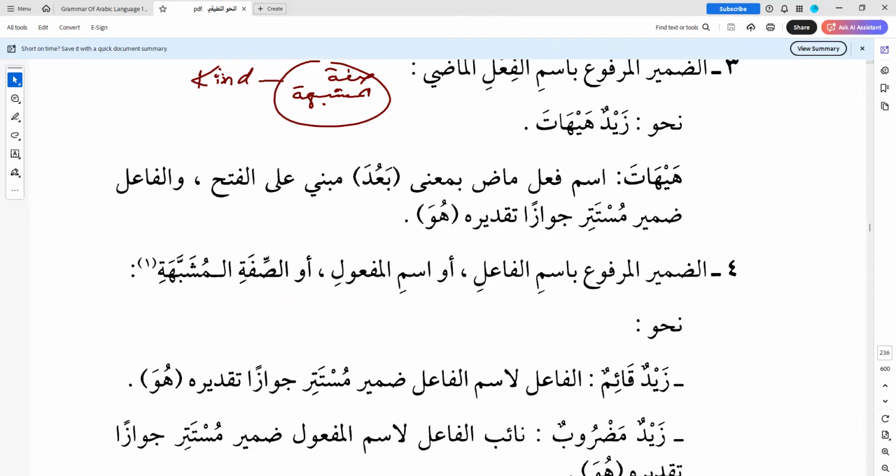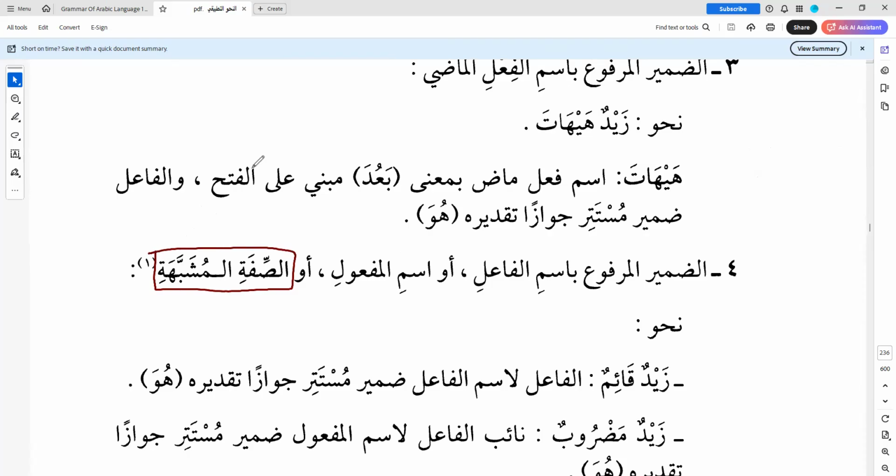And what does this sifatul mushabbaha give? تدل على الثبوت. صفة المشبهة تدل على الثبوت, or permanent attributive quality, right? Sifatul mushabbaha.